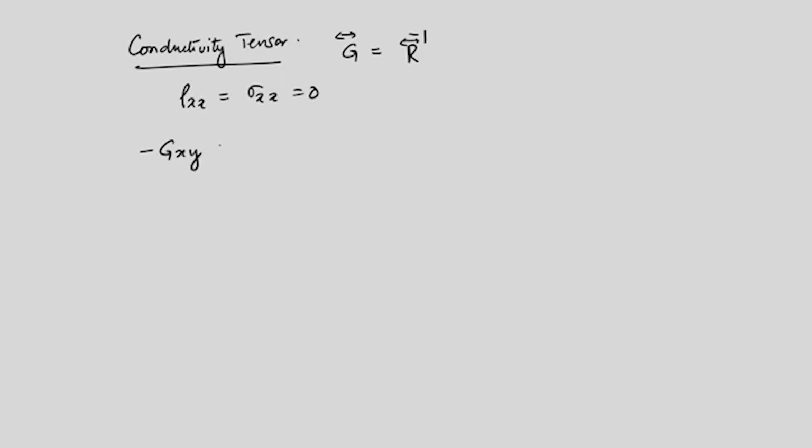So, minus Gxy, which is the Hall conductance, is equal to 1 over Rxy, which is equal to 1 over rho xy, which is equal to minus sigma xy. Okay. So, conductivity and the conductance have the same unit, and this is only true for the Hall case. However, the longitudinal case has this length factor or the dimensions associated with it.